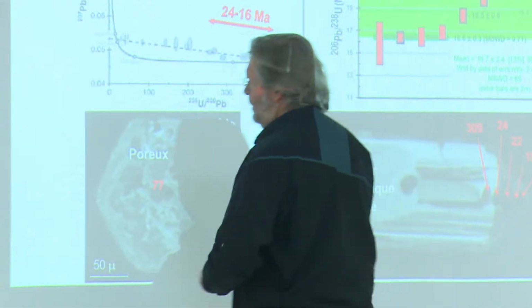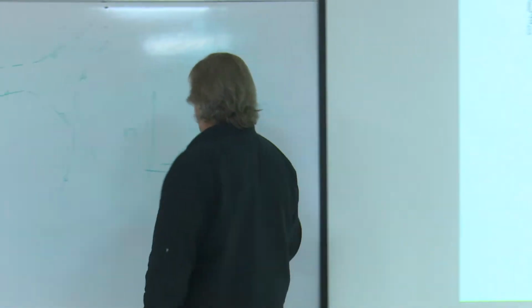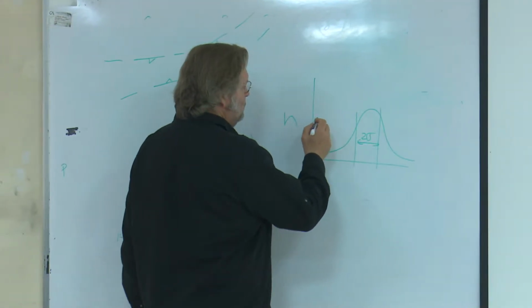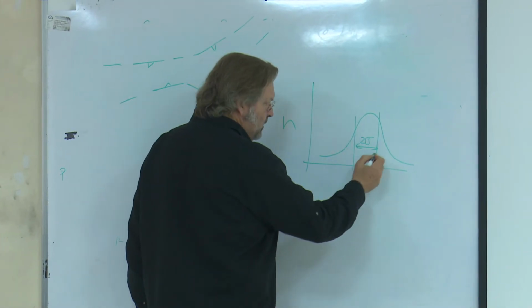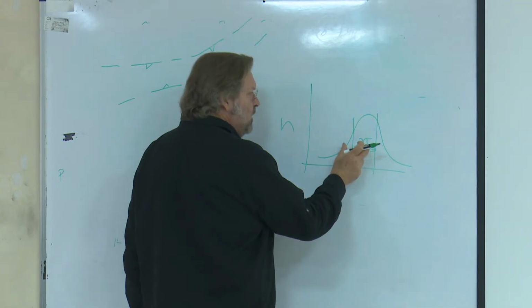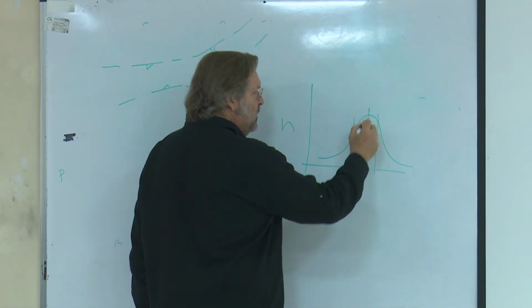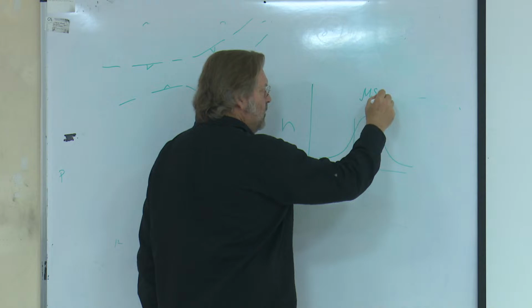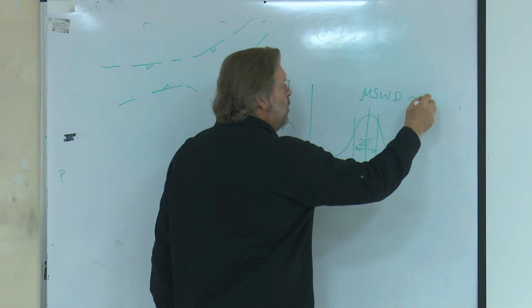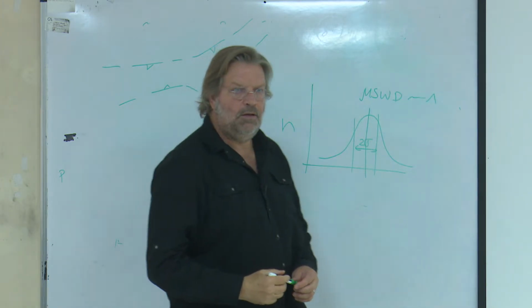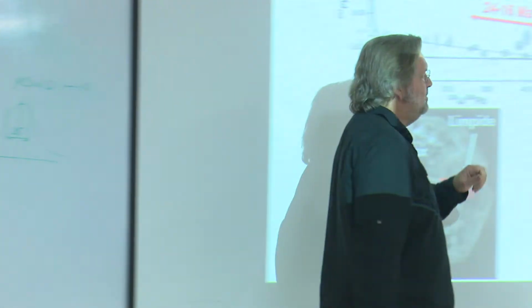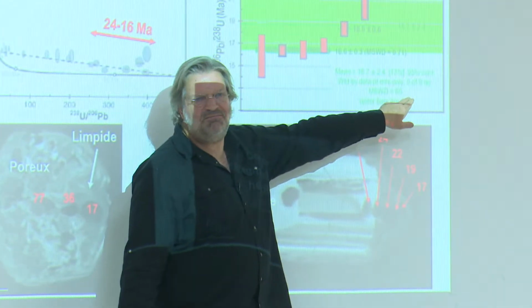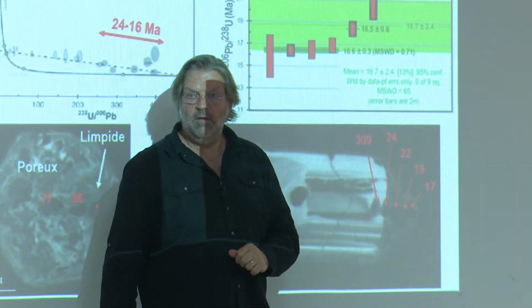And if this is the case, that means that the error on each date is smaller than the 2 sigma, then you should have a mean standard weighted deviation of 1. So here already, something is not matching, 65.